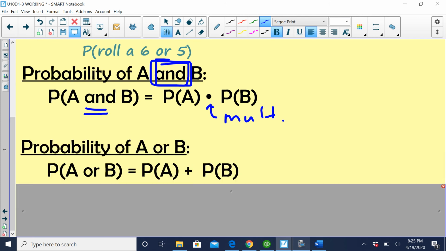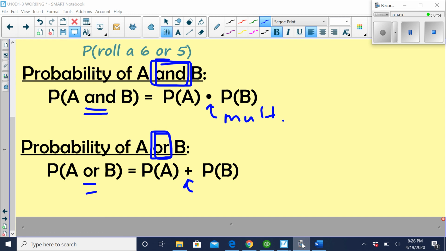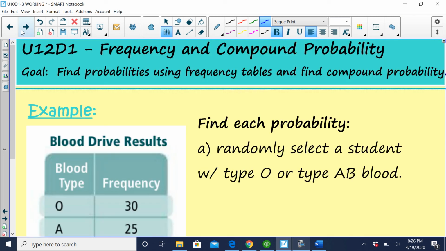If I want to calculate the probability of A or B, okay, or means I'm going to add. So probability of A or B occurring, I'm going to take the probability of event A and I'm going to add it to the probability of event B. Probably sounds a little bit crazy or abstract right now, but we will do some examples and I think you'll catch on.